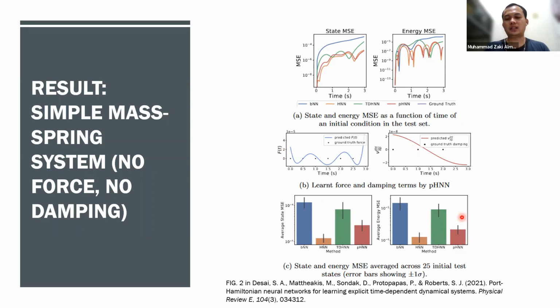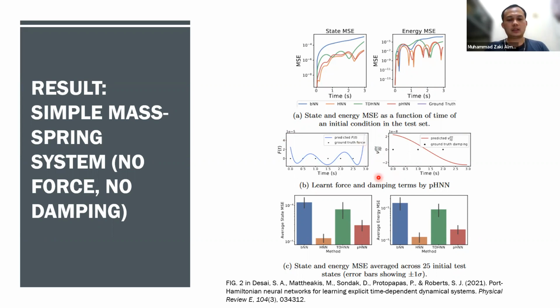Why? Because in the Port-Hamiltonian neural network setting, they also try to predict the force and damping, which in this case should be 0. But as you see, the errors are very small, so they are still quite nice in this case.